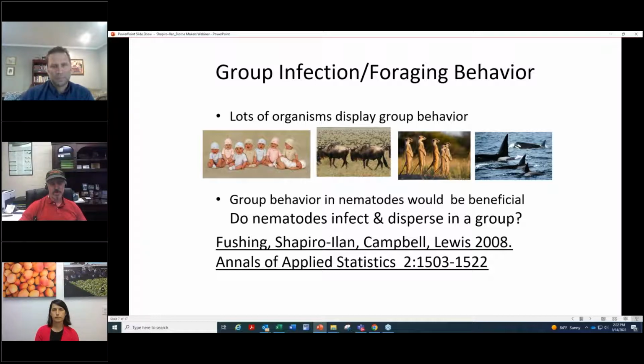So we wanted to see, do the nematodes also display group behavior when they infect and when they move? We expect that they would, because one tiny nematode against the Goliath insect with its host defenses is going to do poorly. But if they can attack together and move together, then they're going to do a lot better. So we did indeed find the nematodes infect together and they move together.